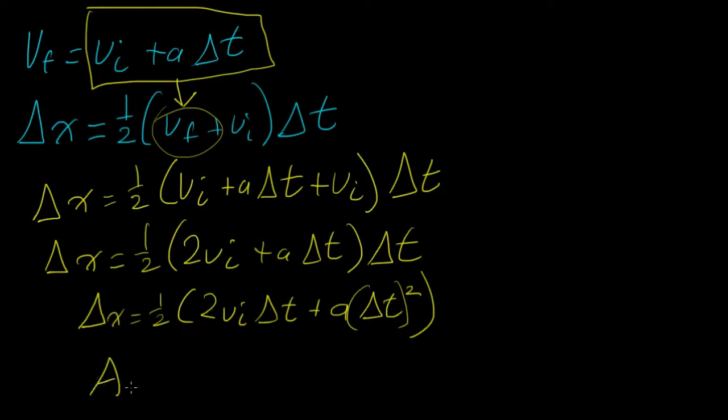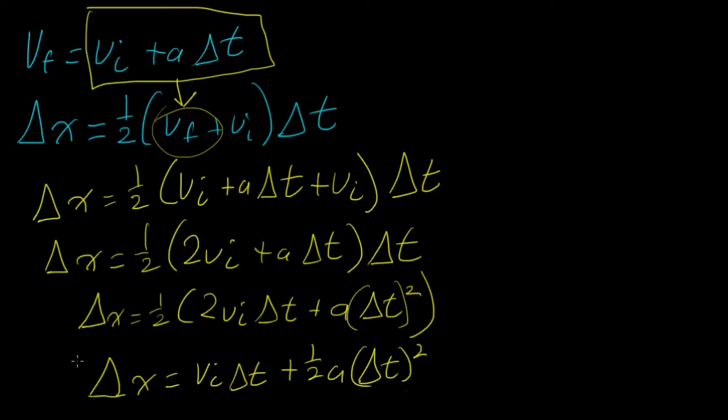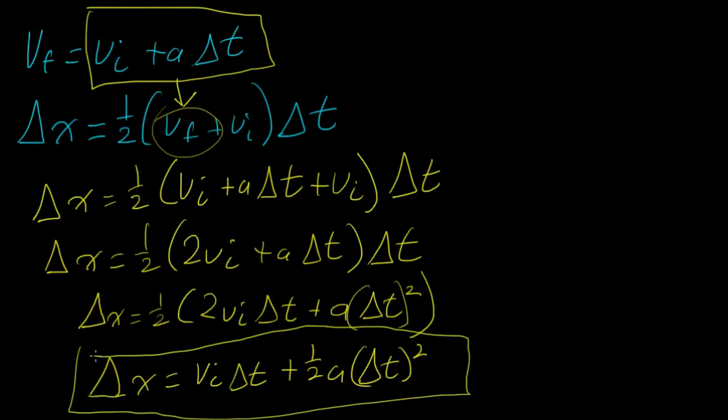So we finally end up with delta x equals, well, 1/2 of 2 cancels, so Vi delta t plus 1/2 a delta t squared. And this is our formula that we're going to want to use.